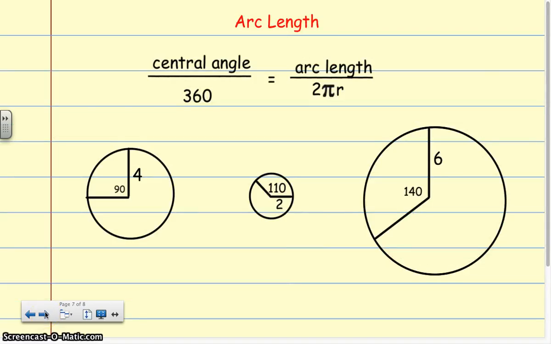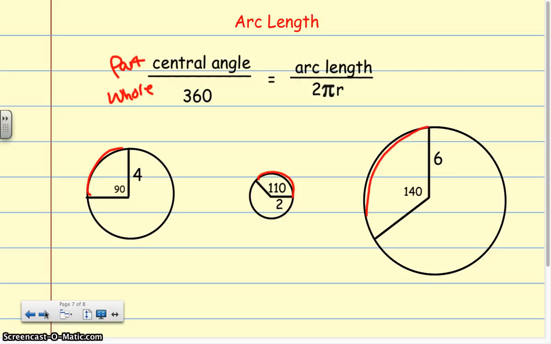Next concept, we're going to talk about arc lengths. Arc length is another part is to whole as part is to whole. Okay, so you're always asking yourself, what am I given? What am I looking for? So arc length, we have a central angle, that's a part, is to 360, that's a whole. As arc length, now keep in mind, arc length is all of these that I'm outlining in red.